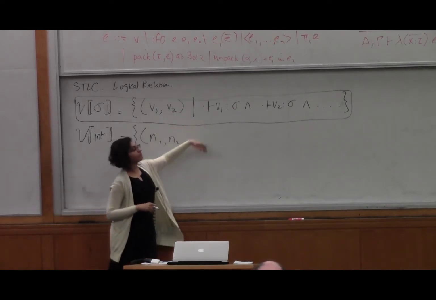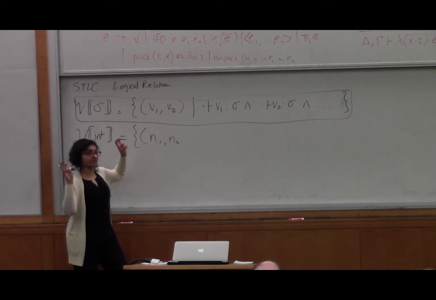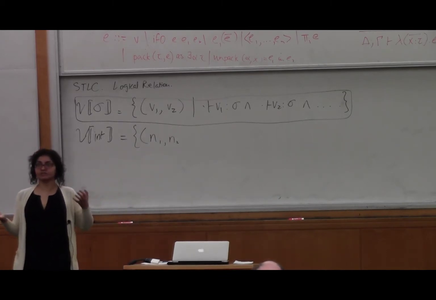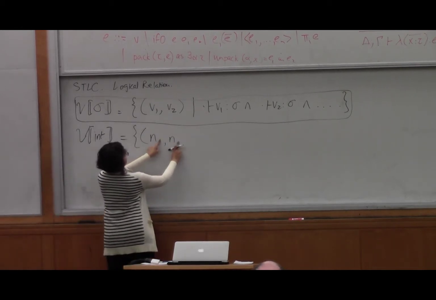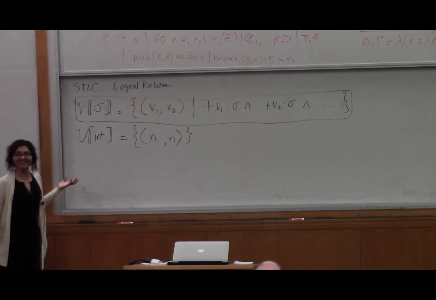I won't even write this part down. I'm just building it with that invariant in mind, when I'm constructing a relation that should capture contextual equivalence. So when are two numbers, n1 and n2, two integers, equivalent? When they're equal. Okay? All right.